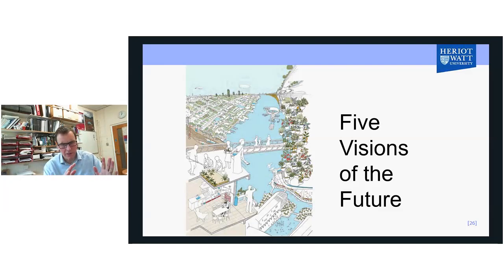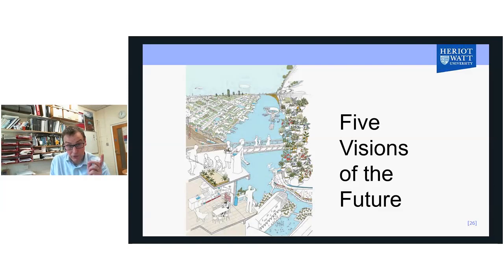It's not a prediction, and it's not that any one of these things is going to come true, although elements of all of them might happen in different places. Of course, it might just be business as usual. Nothing might change. There might be some tweaks, or we might go wholly radical down one of these 5 different vision routes. So just to end this class, I'm going to go through these reasonably quickly.